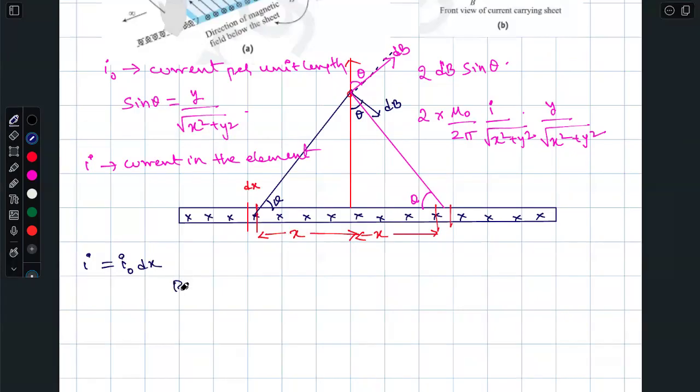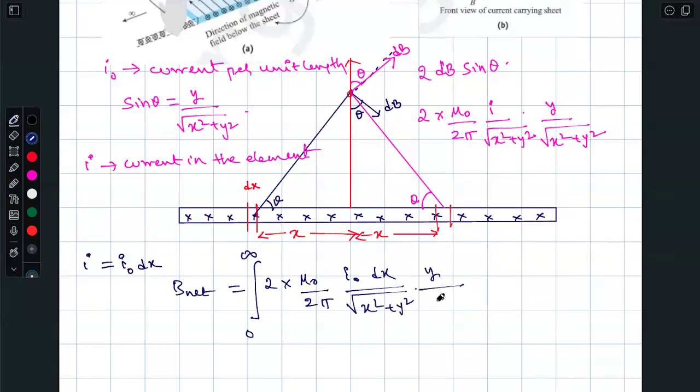So therefore B net can be taken as integral, already I have multiplied 2 times, so one side is just sufficient, 0 to infinite, 2 times mu naught by 2 pi, I naught dx by root x square plus y square times y by root x square plus y square.